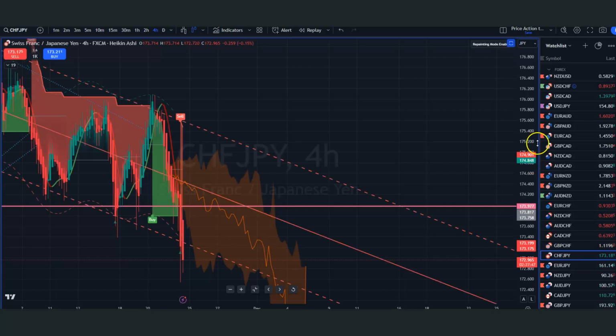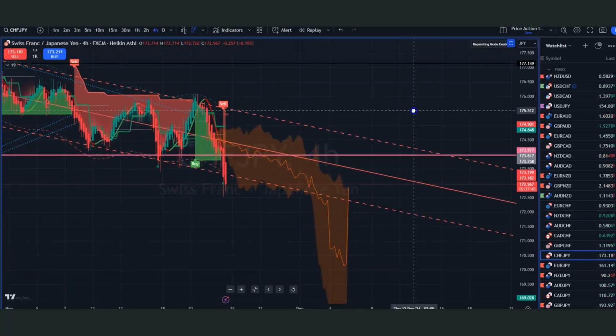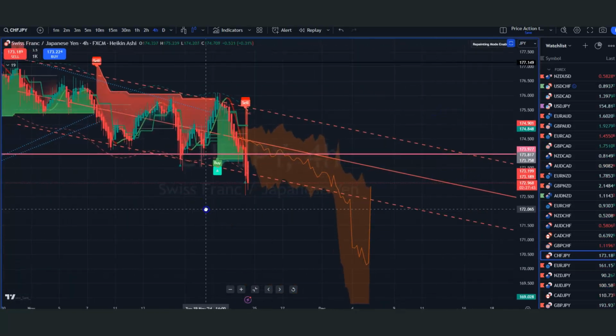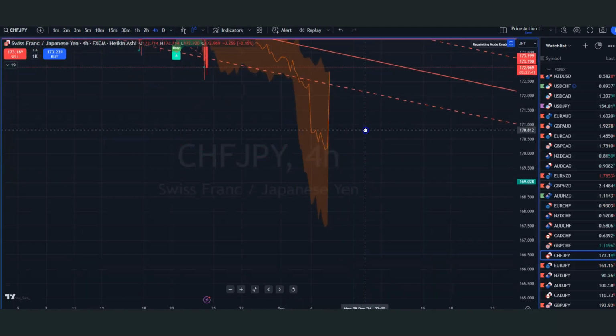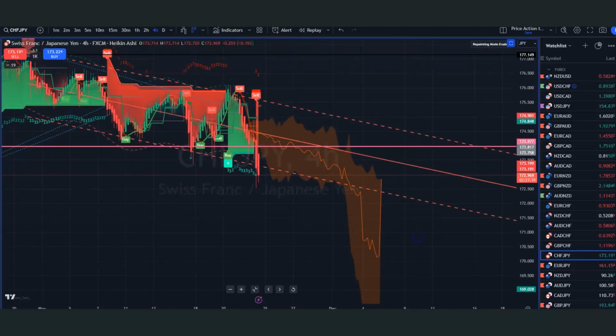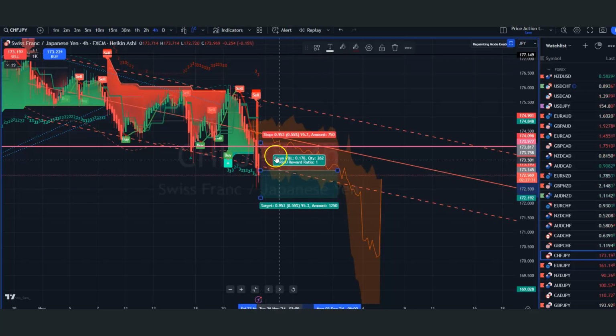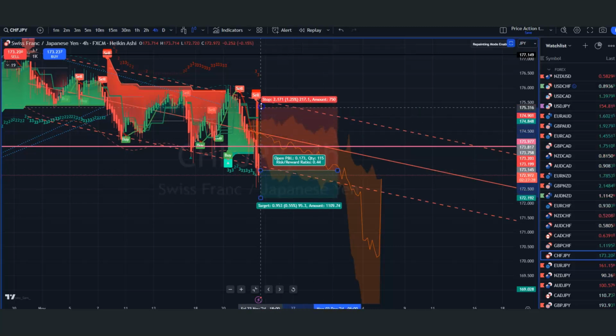This is looking good. Well, that looks nice. So let's have a look at this. 72, 73. Can we get, now the stop is too wide to see that. 228 pips.